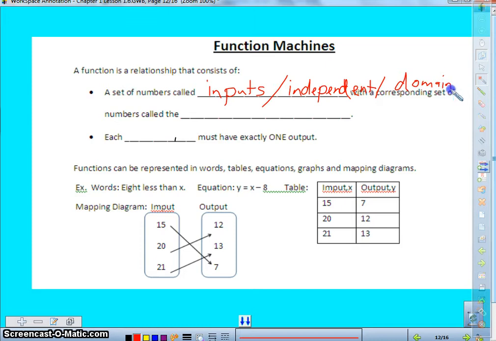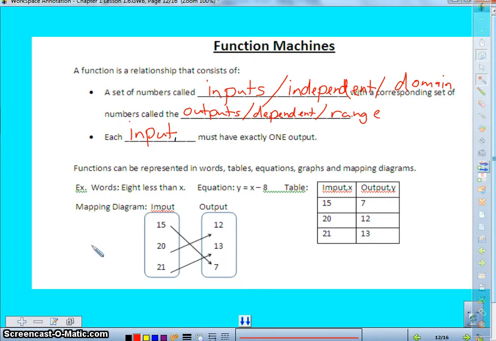Any of those are interchangeable. They come with corresponding numbers called the outputs, the dependent variable, or the range. Each what must have exactly one output? Is it input or output? It's input. Each input has to have exactly one value.